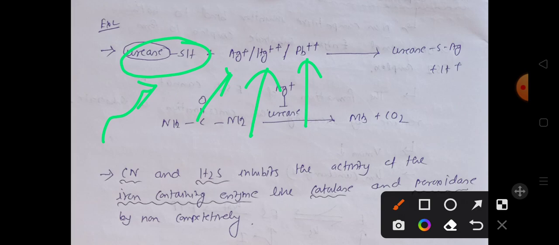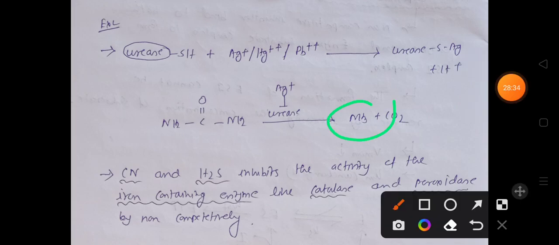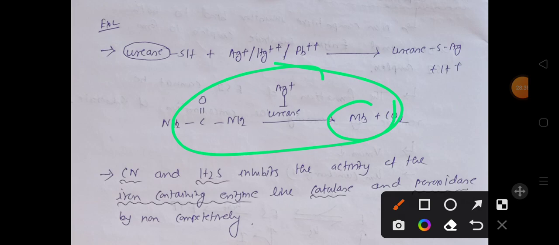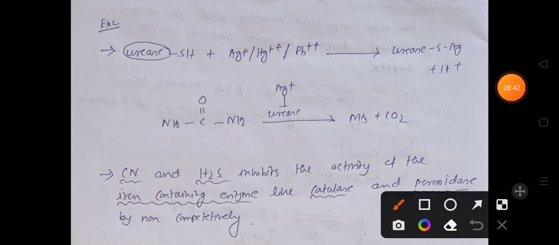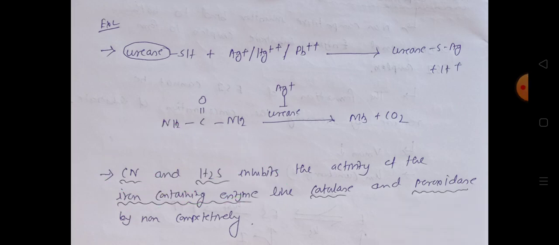We all know what urease does: it converts urea into ammonia, right? So this type of reaction will be blocked by non-competitive inhibitors. Along with that, catalase and peroxidase enzymes, which contain iron, are non-competitively inhibited by CN and H2S. Okay, so that is the idea of non-competitive inhibition.